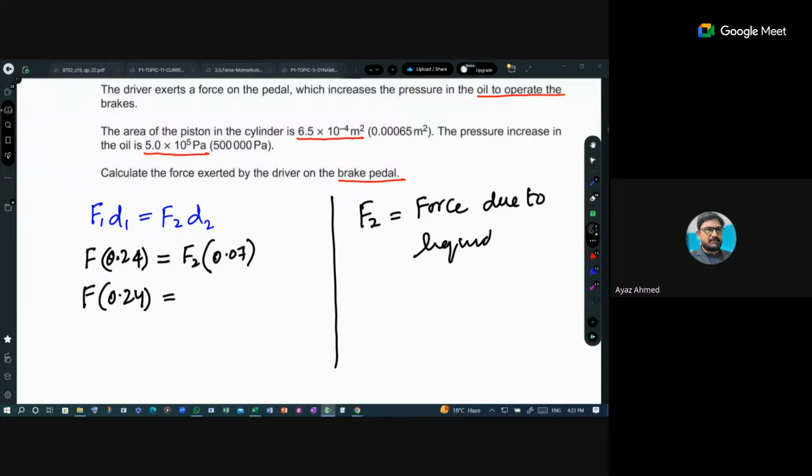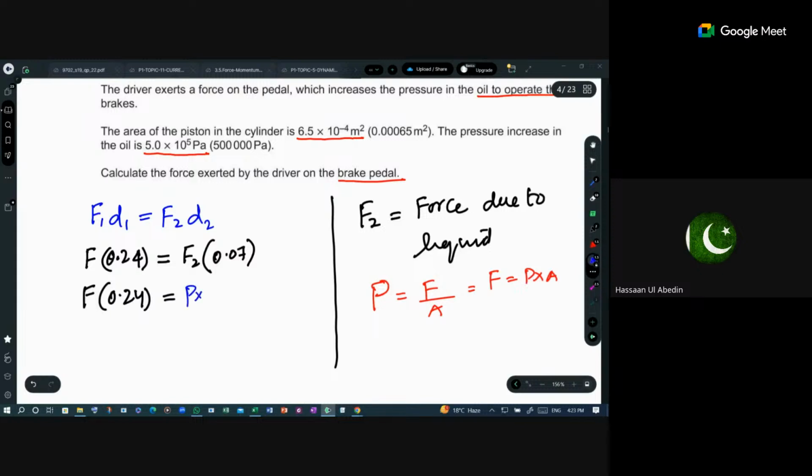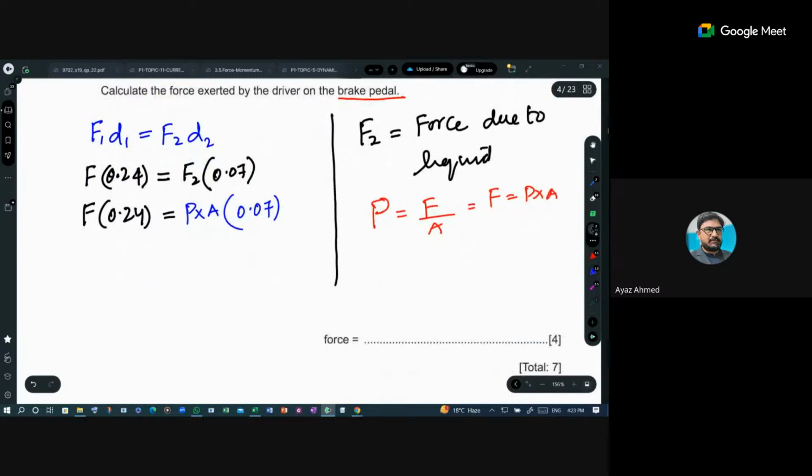So if you have just a small idea, because we did not study this topic, that's why I'm not going to force it for you people, but pressure is equals to force over area, and force is equals to pressure times area. So I can simply say that this F2 is equals to pressure, 500,000 times area, exactly. So it is 0.07, because in exam the values are given to us.